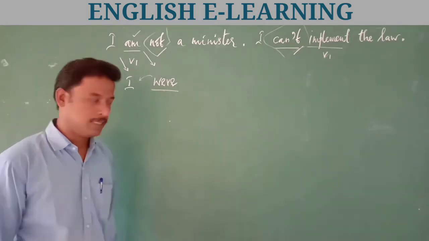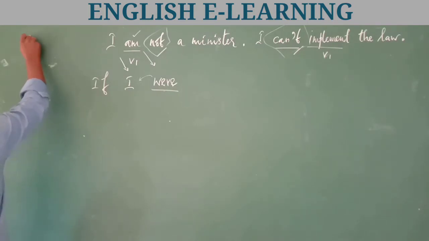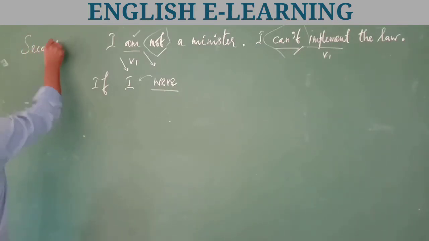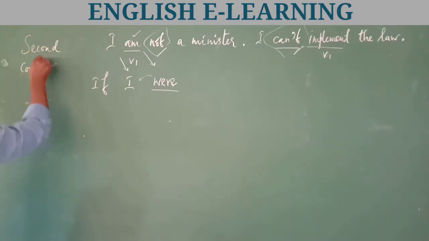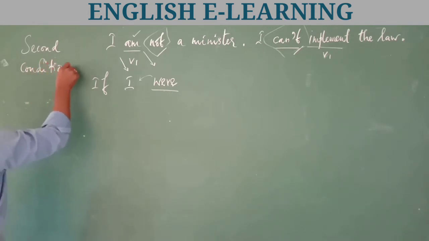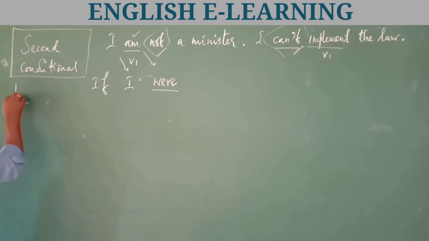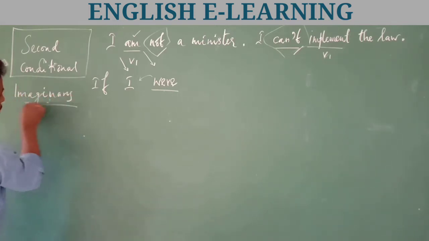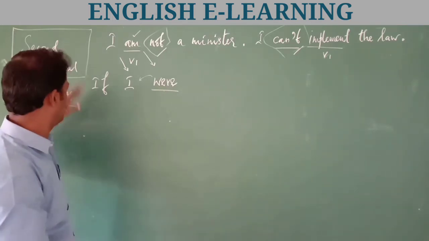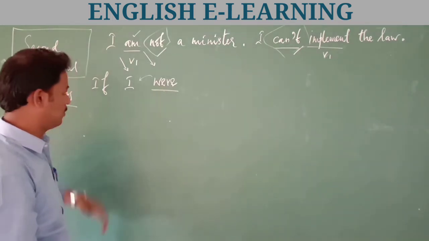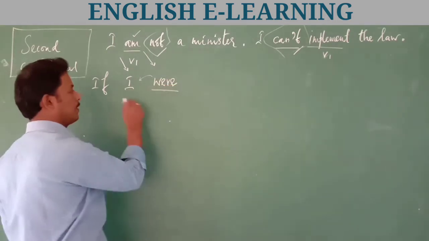That is why it is called the imaginary conditional or the second conditional. Okay, the conditional is second conditional. It is otherwise called the imaginary condition. Okay, second conditional or imaginary conditional. Right, come to this area.